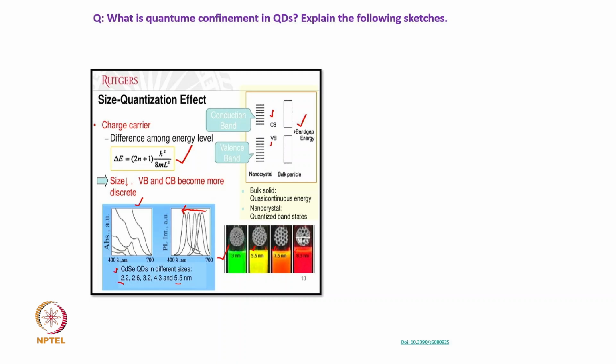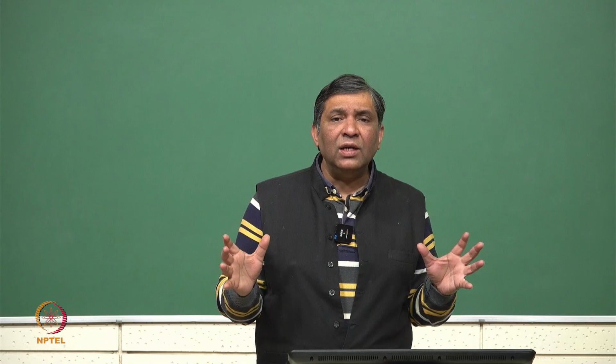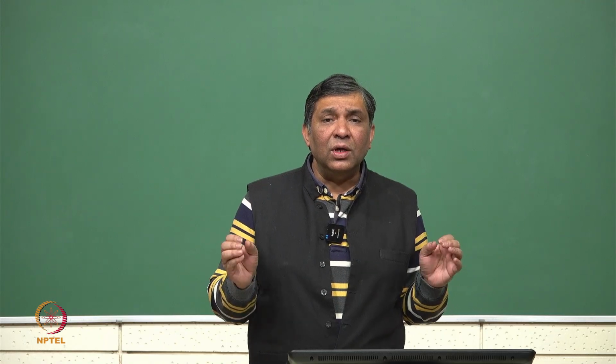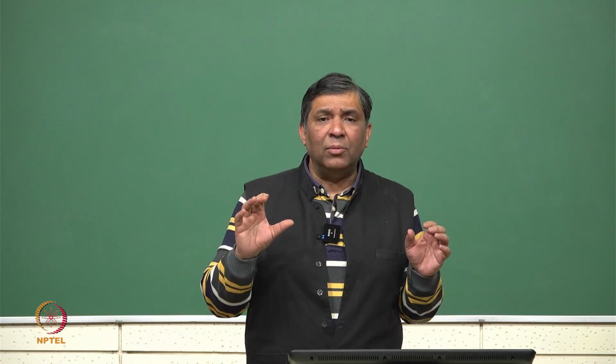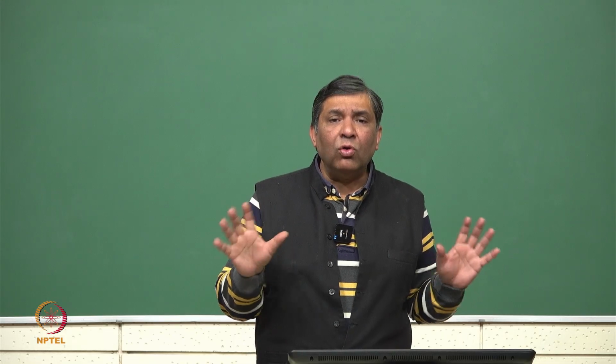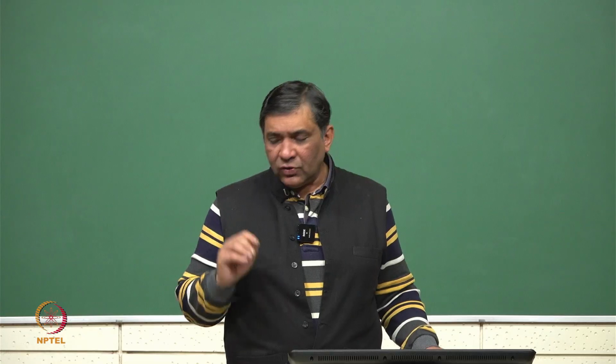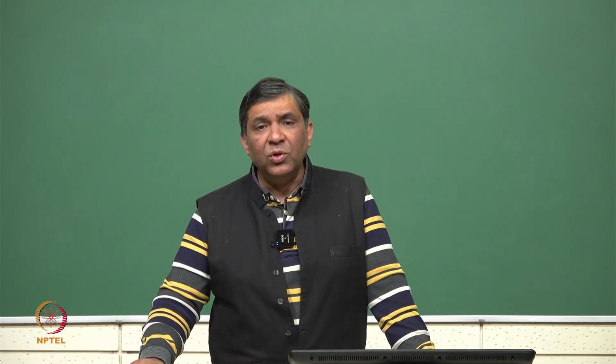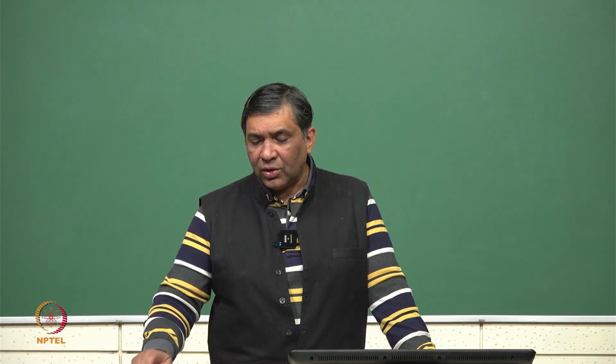So, if we change the quantum dot size, we actually change the band gap, discretize the energy level, and also control the absorption and emission of light. This is a beautiful demonstration of the property of a quantum dot and quantum confinement.